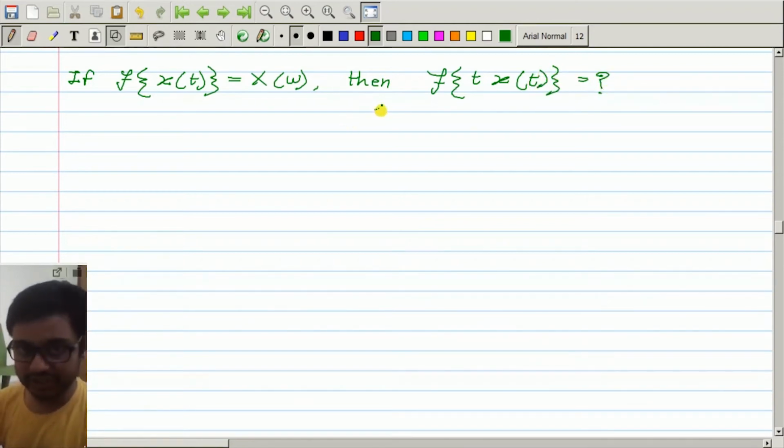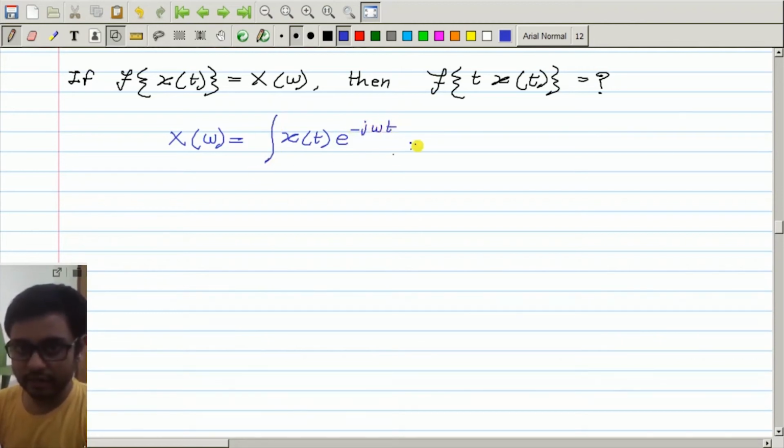That is the question, and let us find it out in this way. We know that capital X(omega) is equal to small x(t) e to the power minus j omega t integrated over time from minus infinity to plus infinity.